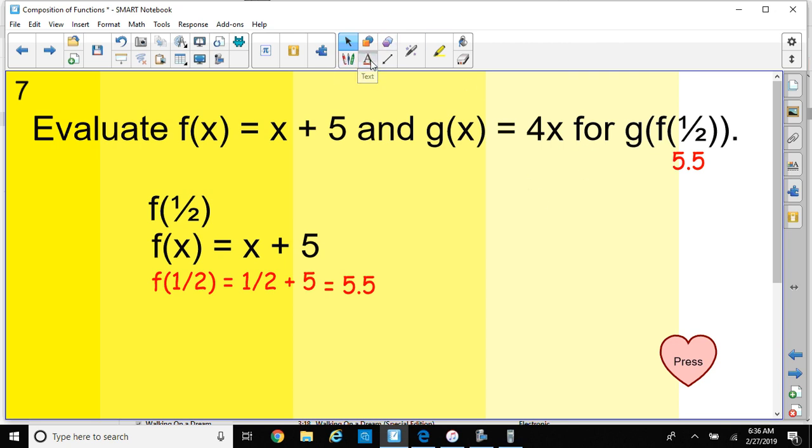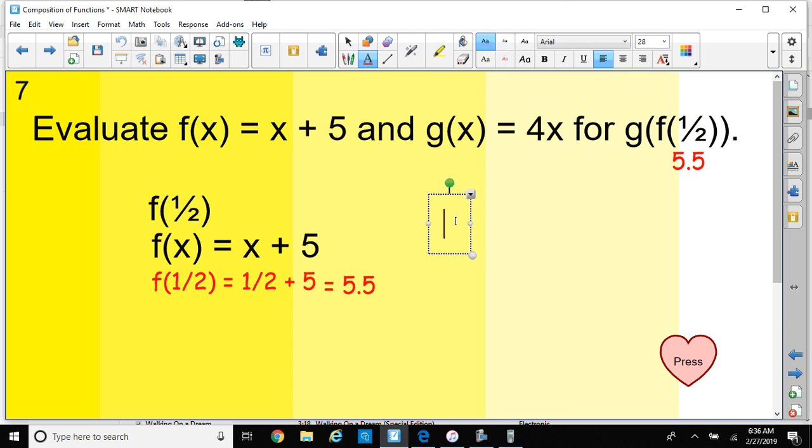So let's change color. So g of x is the function now, and that equals 4x. So now we have to substitute the 5.5.